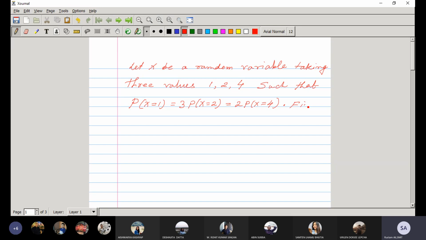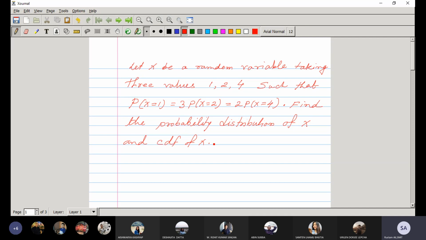Okay, so we need to find the probability distribution of capital X and the CDF of capital X. CDF means cumulative distribution function.